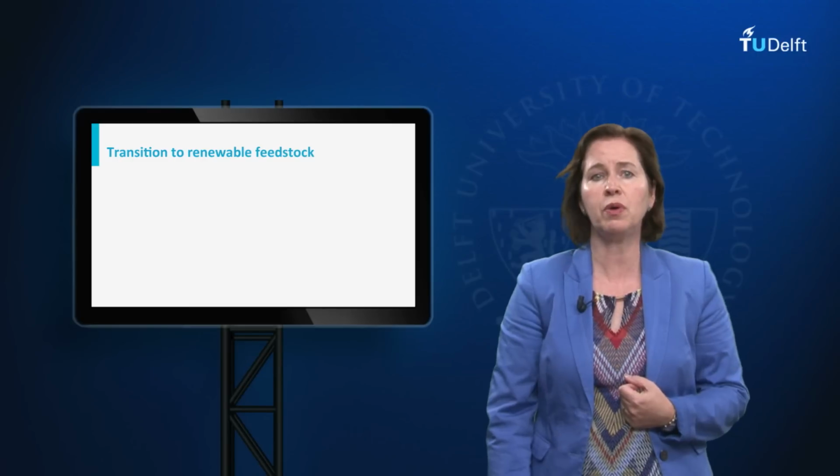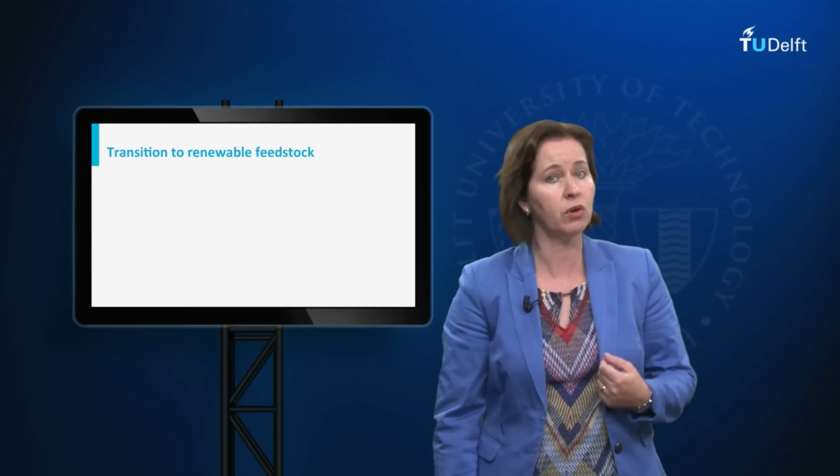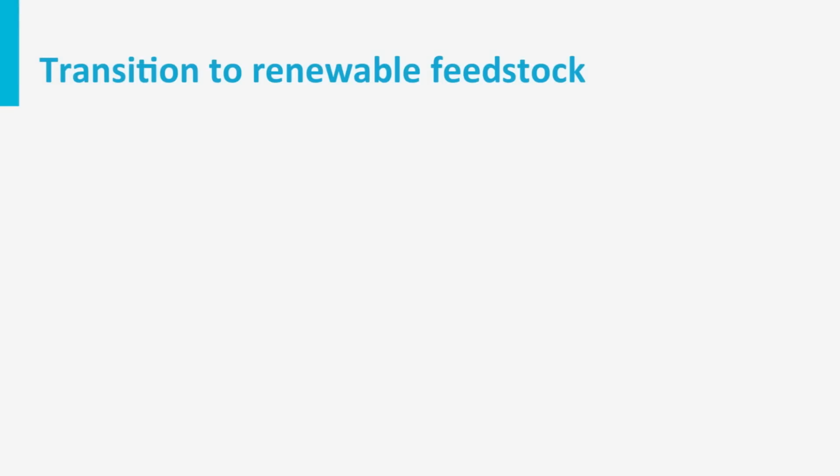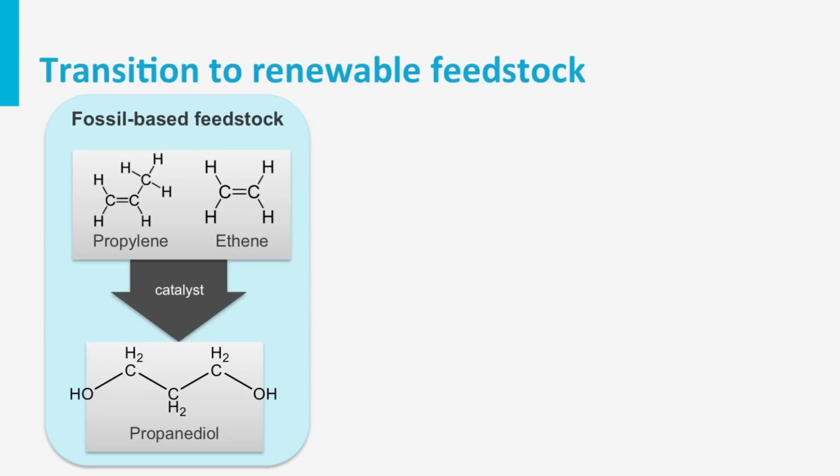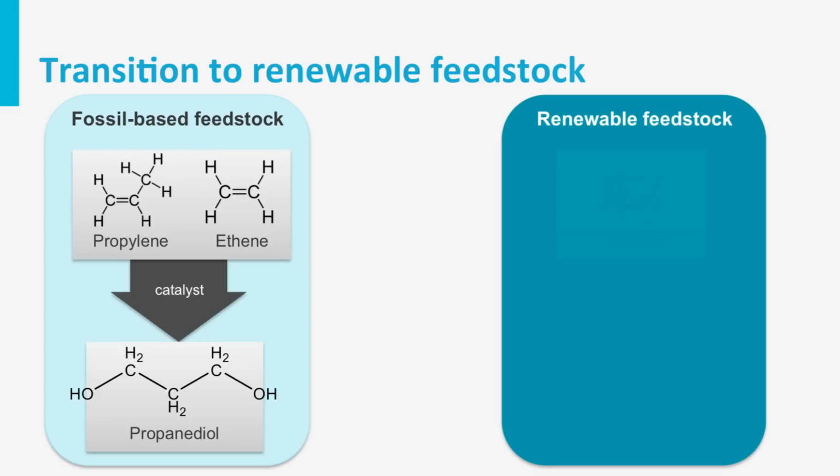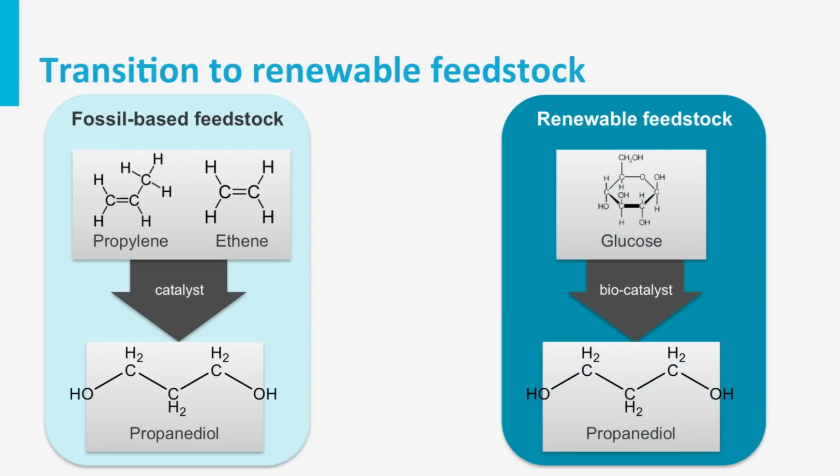At present, propanediol is made from propylene or ethylene. Both propylene and ethylene are products from the crude oil refineries, and by using catalysts in several steps, you can make propanediol from fossil resources. However, biotechnology enables us to make propanediol from a renewable feedstock. And in this scenario, you start from biomass, which provides the sugars, and then with the help of microorganisms, you can produce the propanediol.